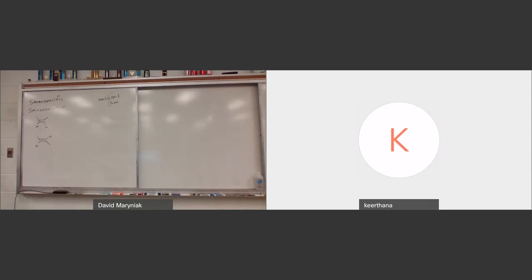So an example, would you say those two are different stereoisomers? Which one's cis? And which one's trans? Which one would be E? E is trans and Z is cis.